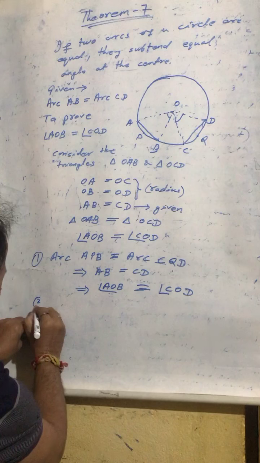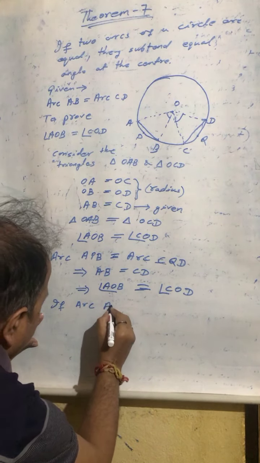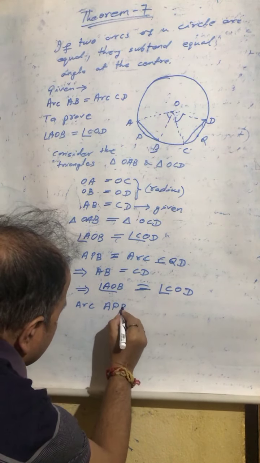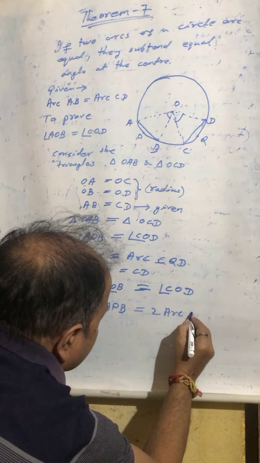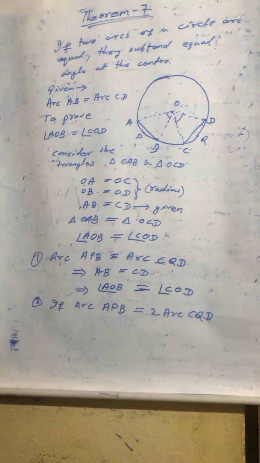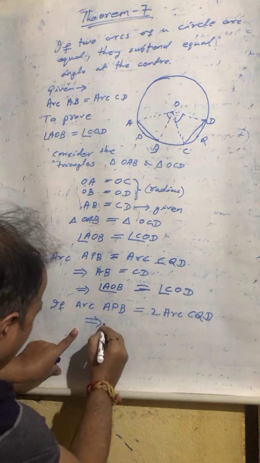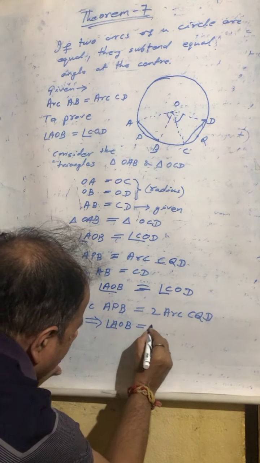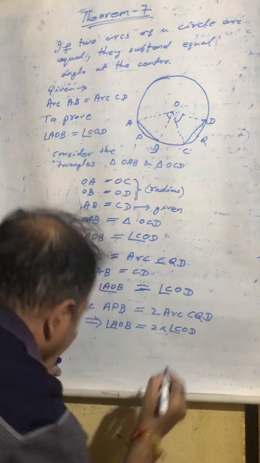Condition 2: if arc APB is equal to 2 times arc CQD, then the subtended angle AOB will be 2 times angle COD.